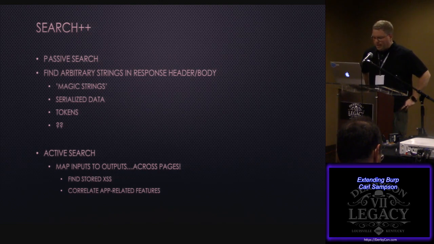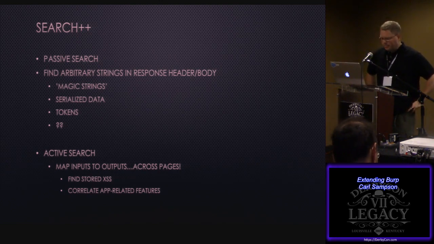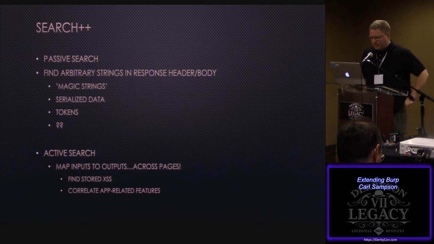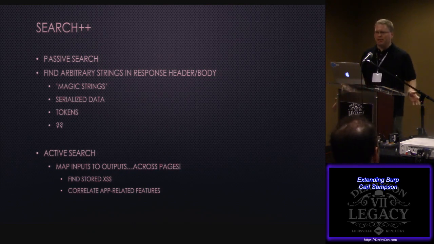It also has an active search portion, which basically maps an input to outputs on the page. Lots of applications have one place where data is input, but there could be multiple pages that it is displayed on.